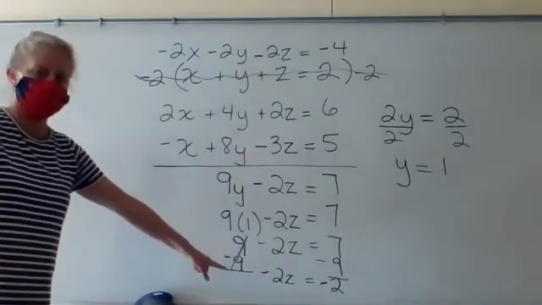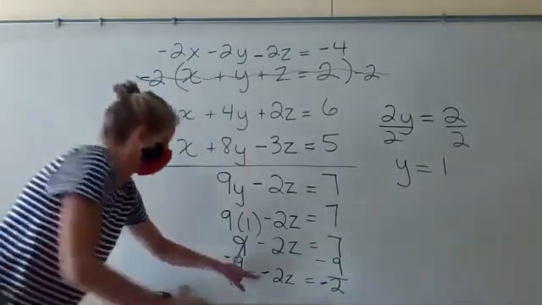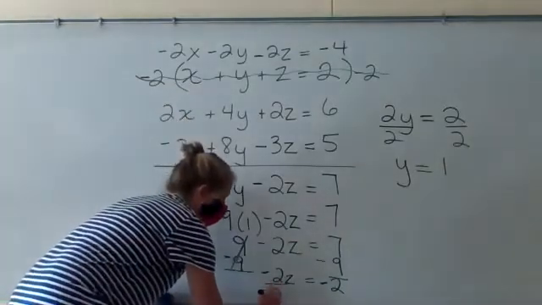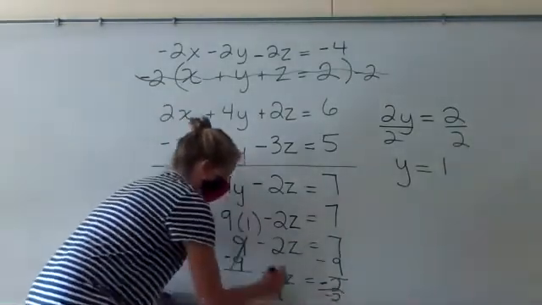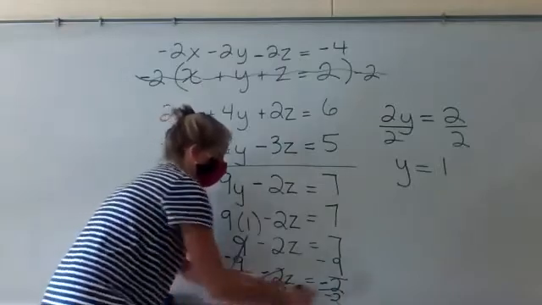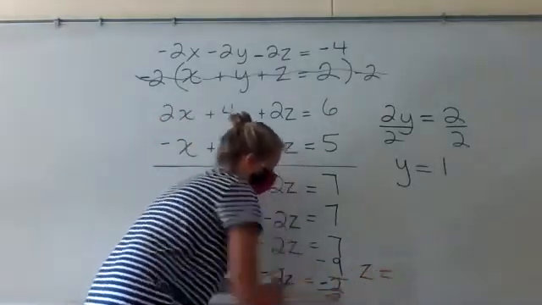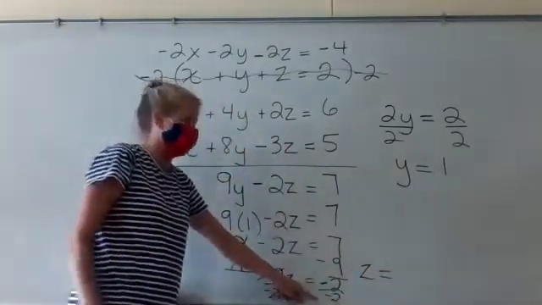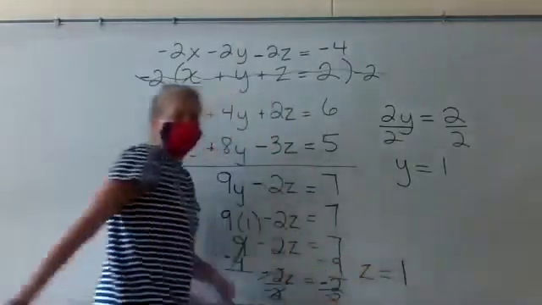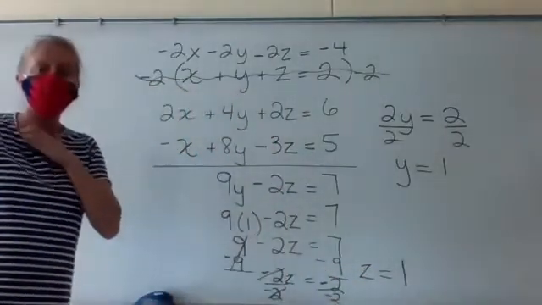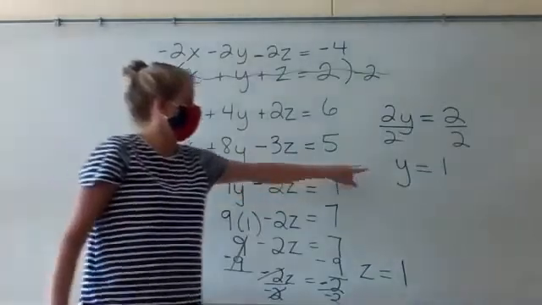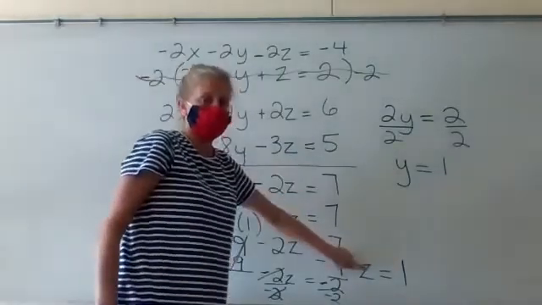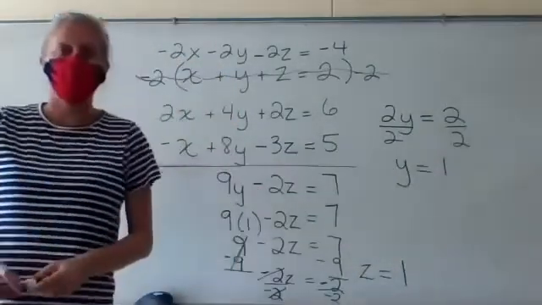So what's the last step to find the z? Divide by this negative 2. So the two negative 2's cancel. So I'm left with z equals what? What is negative 2 over negative 2? It's 1. So now what do I know? I know y is 1, and I know z is 1.